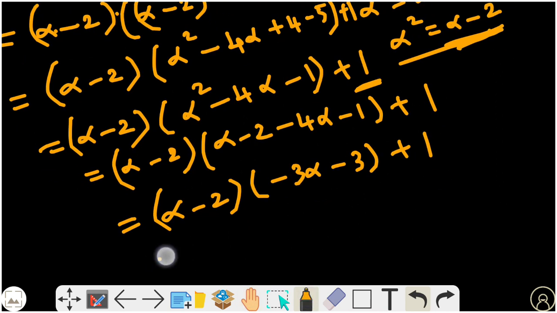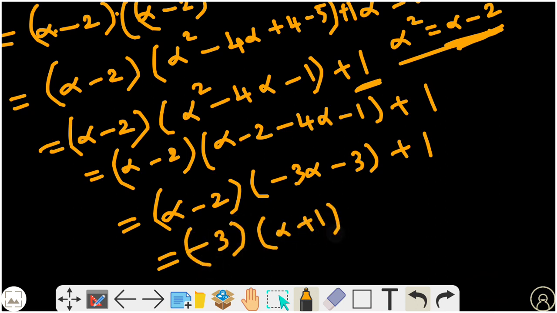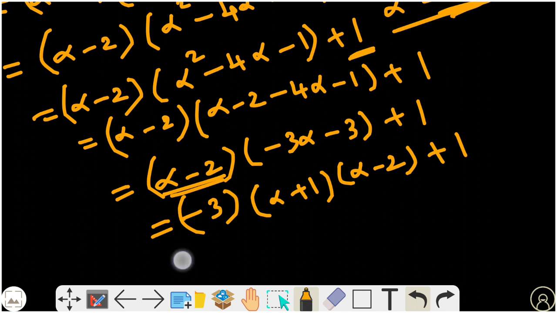So we can take minus 3 as common, we will get alpha plus 1 and then my alpha minus 2 plus 1. Okay, and next minus 3, here we have to multiply these two.